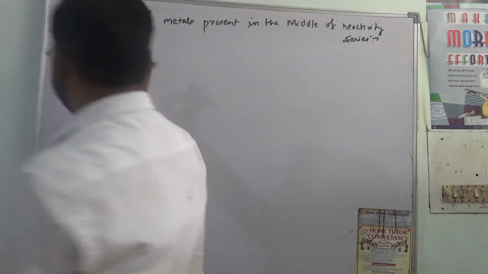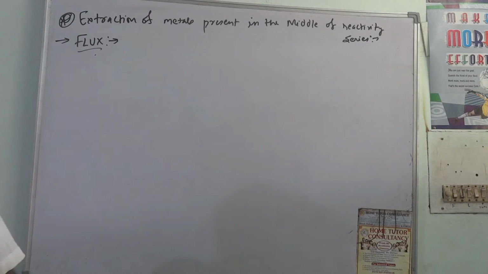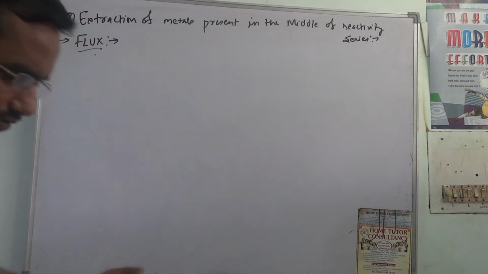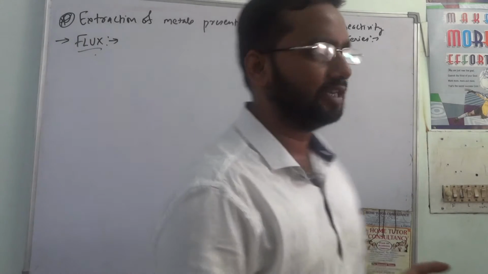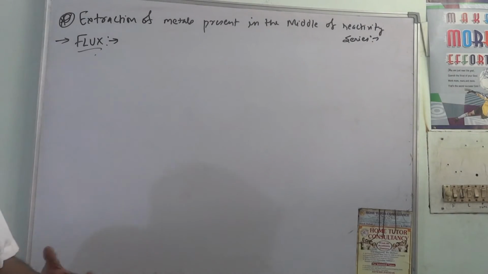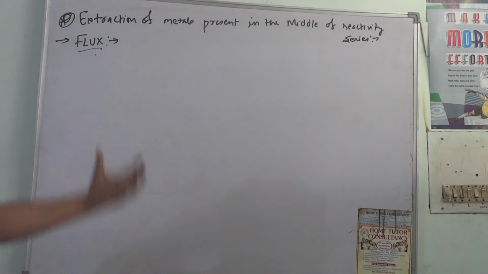So flux, basically: sometimes after calcination or roasting, we find that the oxide ore has some impurities which are non-fusible and earthy in nature, and they are present in the ore. These can be removed by using flux.